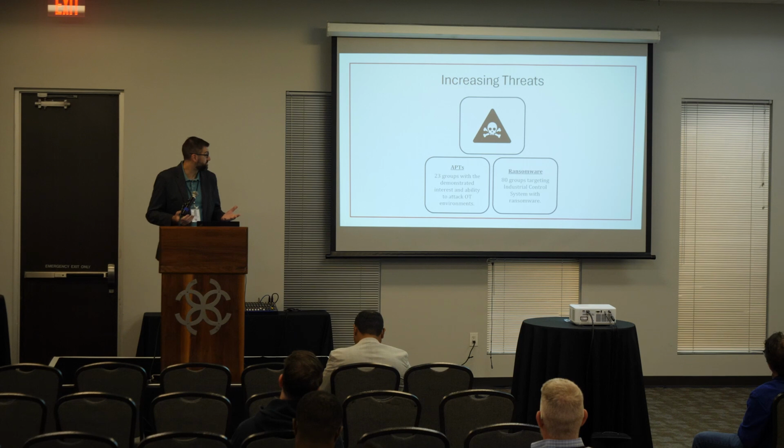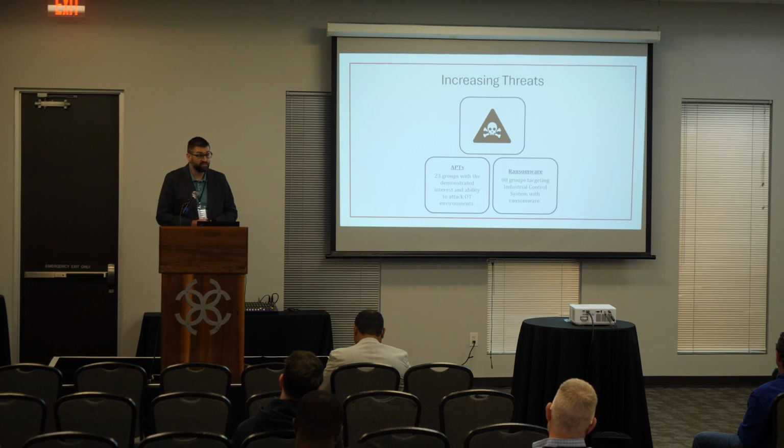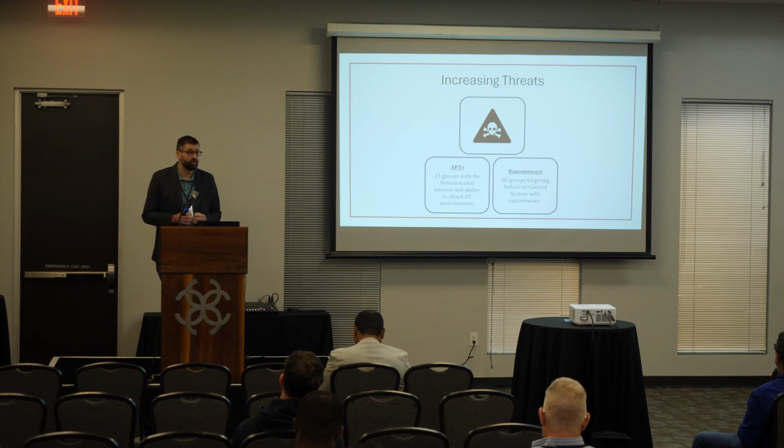So we've probably heard some of these numbers already thrown out, but just to emphasize this, right now there's 23 different APTs being tracked that have a demonstrated interest and demonstrated ability to attack and to gain access, modify that OT environment.